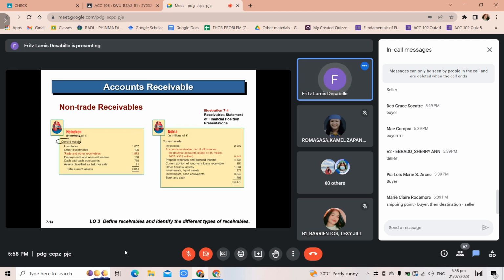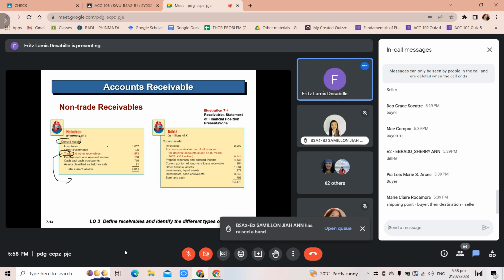Trade receivables are in the ordinary course of business and classified as current if they are collectible within 1 year or within the operating cycle, whichever is longer.